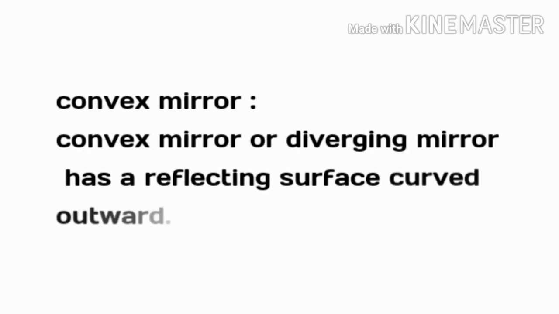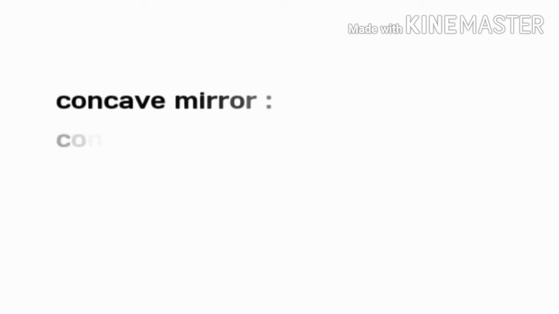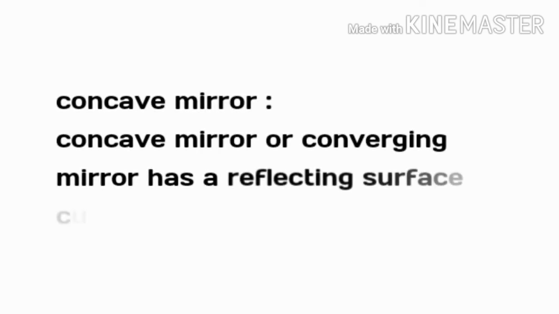If the reflecting surface is on the outer side, that is, curved outward, then it is known as a convex mirror. And if the reflecting surface is curved inward, then it is known as a concave mirror.